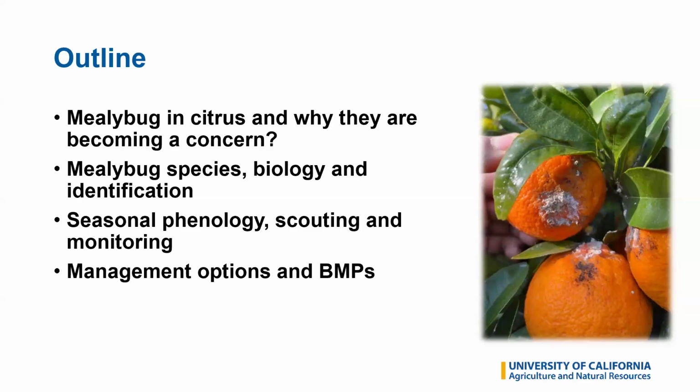And finally, we'll spend quite a bit of time talking about management options and best management practices for citrus mealybug. Most of the research data that I'm going to share today is the research conducted in the last 2 to 3 years.